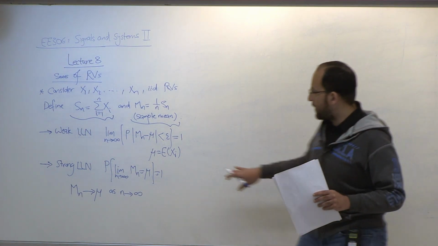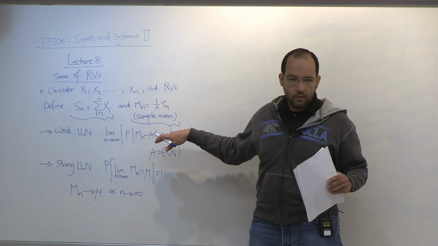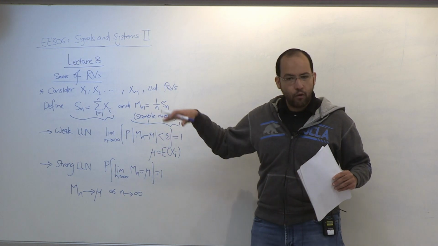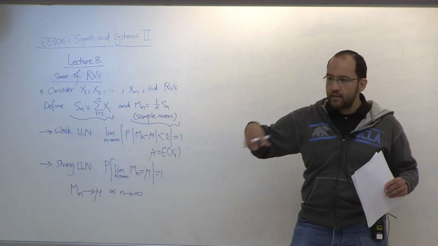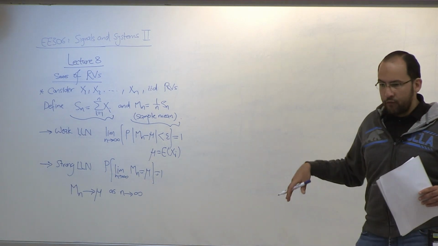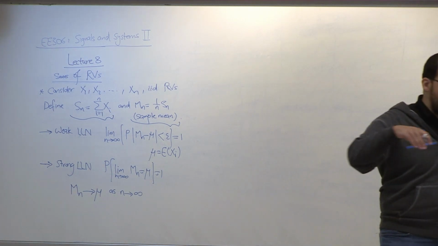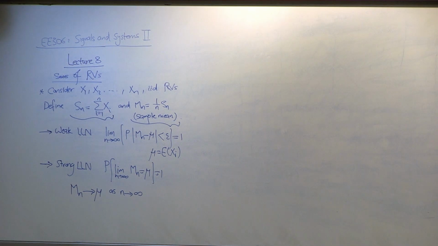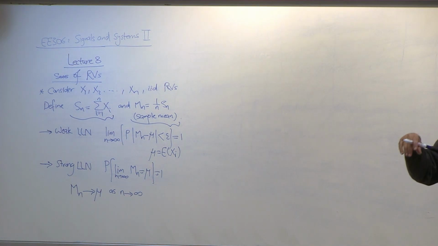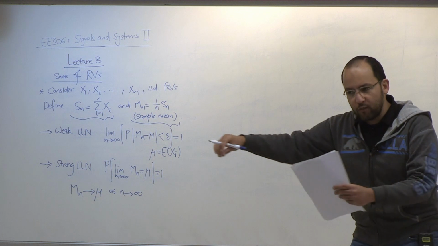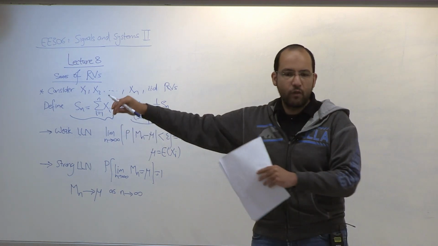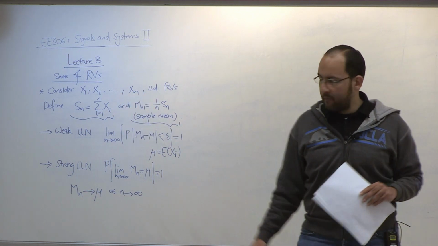This format is the standard format in convergence. You have already seen it in convergence of sequences, convergence of series. For sequences, for example, you say for each n there is an epsilon, and this epsilon is getting smaller and smaller as more terms are in the mix, right?